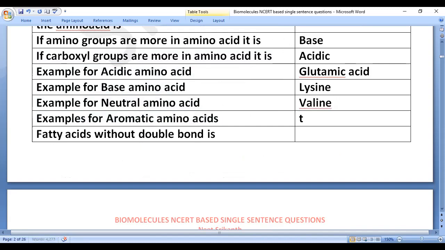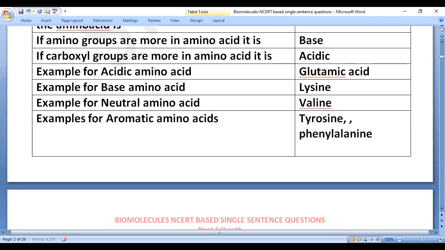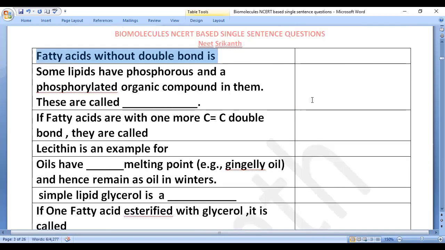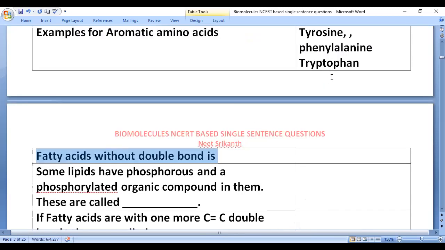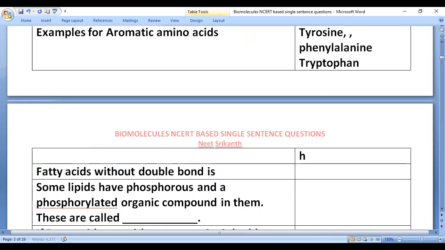Examples for aromatic amino acids: tyrosine, phenylalanine, and tryptophan. Then one more, histidine.